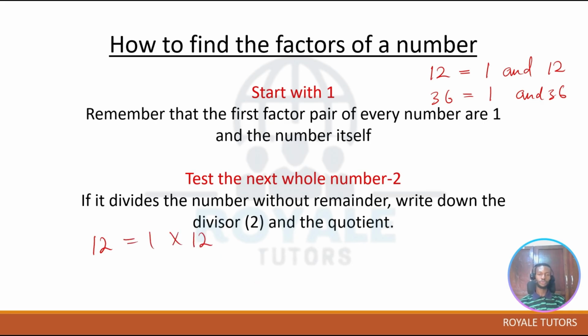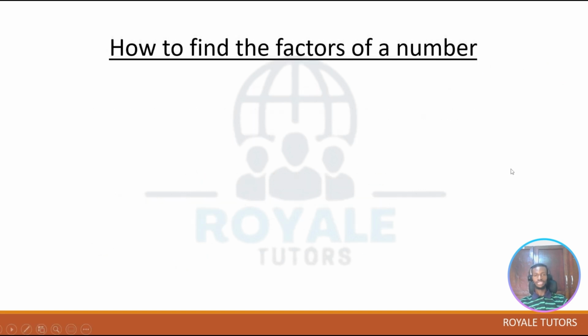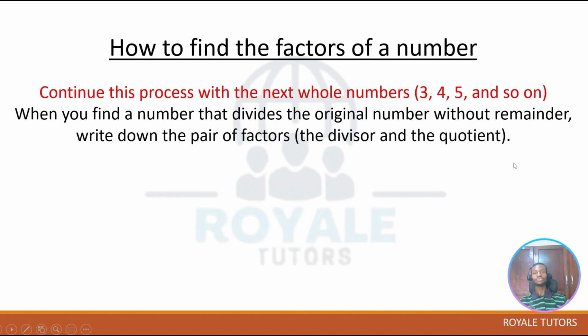So you then proceed to 2. Can 2 divide 12? Yes. How many times? 6 times. So therefore you have generated the second factor pair. That is how it works. Now let's continue. What's the next step? You continue this process with the next whole numbers. So it's not just 1 and 2, but you also continue.